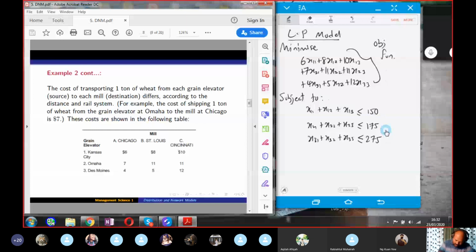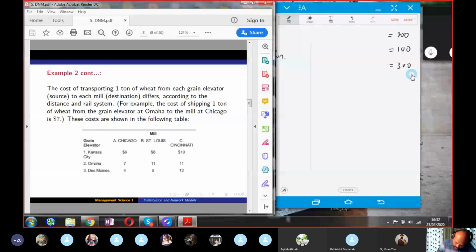It must be equal. Okay. Three, 1. Next one is 1, 2. 3, 3. Okay. So these are the constraints.